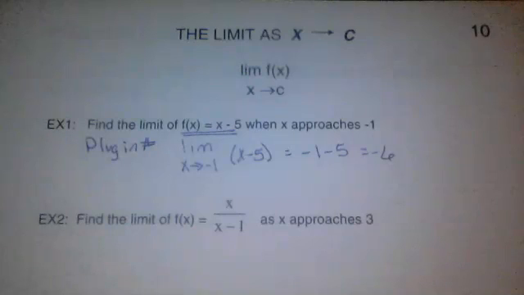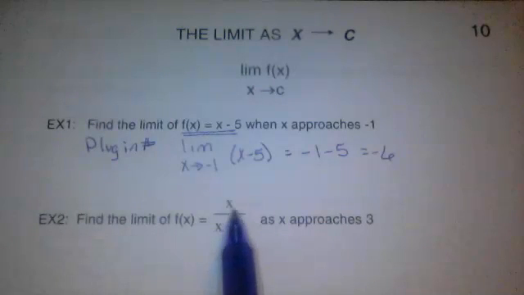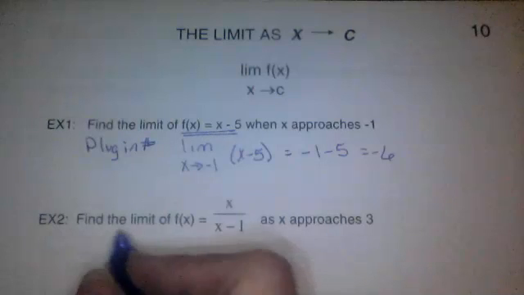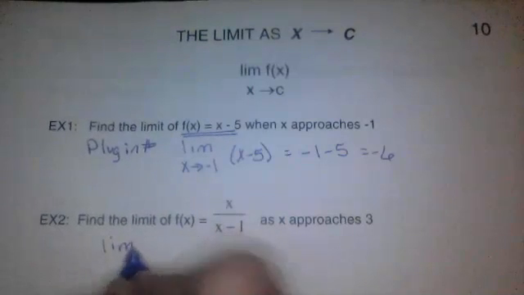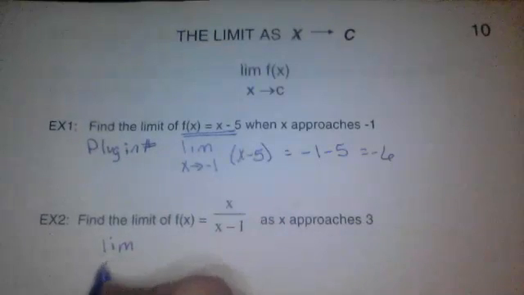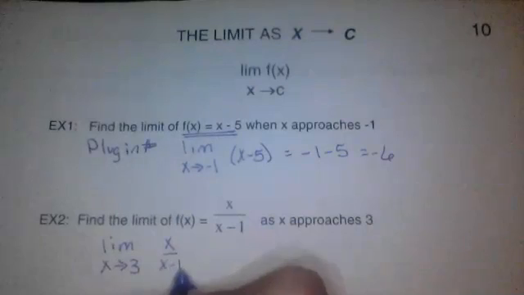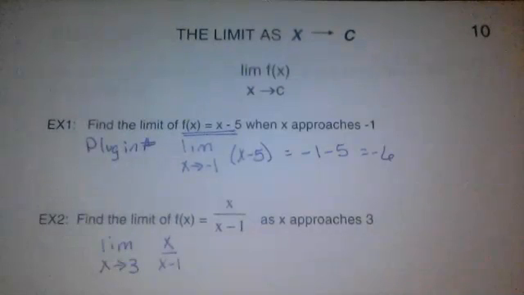All right, so let's look at example 2. It says find the limit of f of x equals x over x minus 1 as x approaches 3. So again, let's try writing it. The limit as x approaches 3 of our function x over x minus 1. This one is not necessarily continuous.